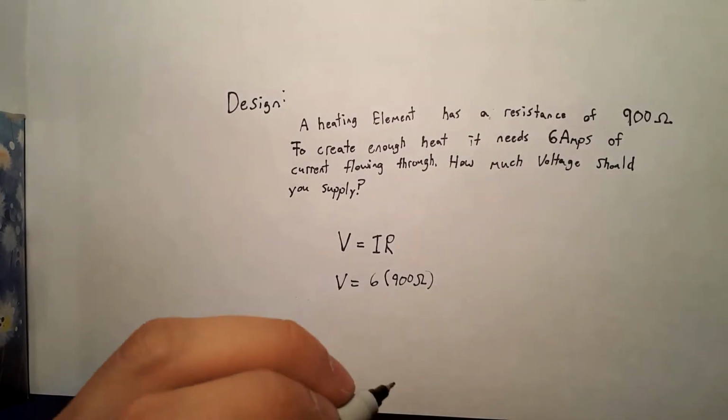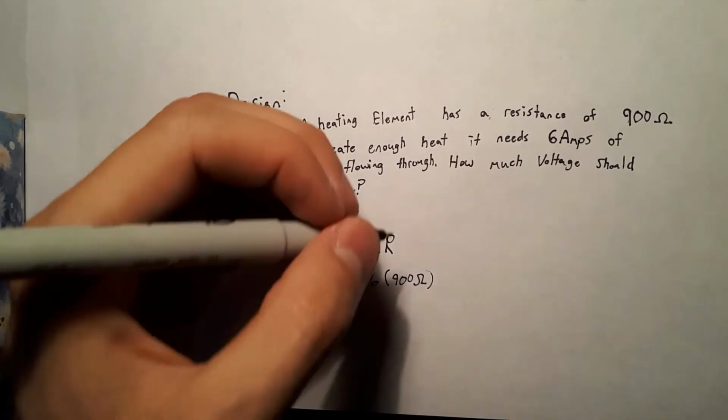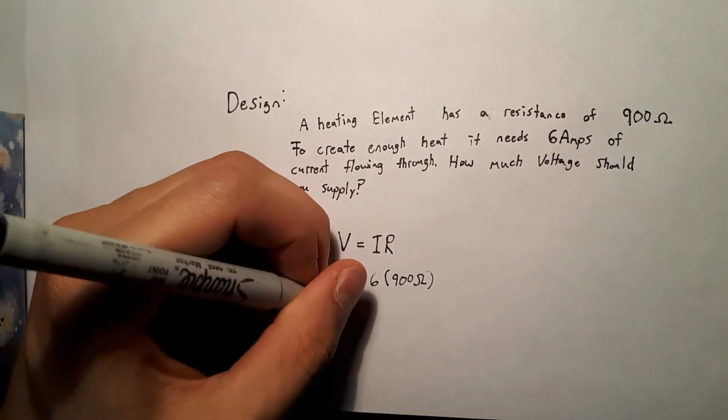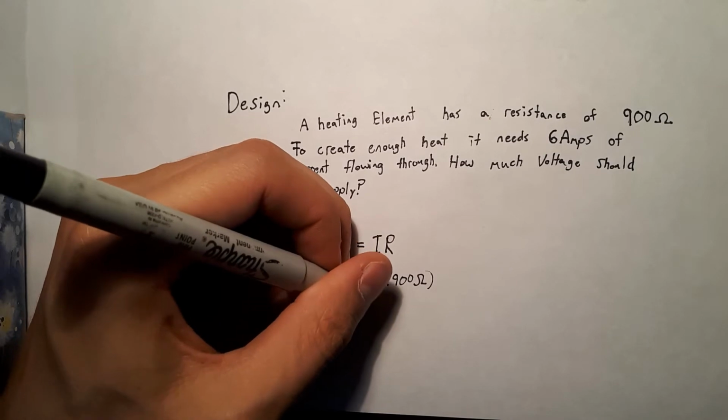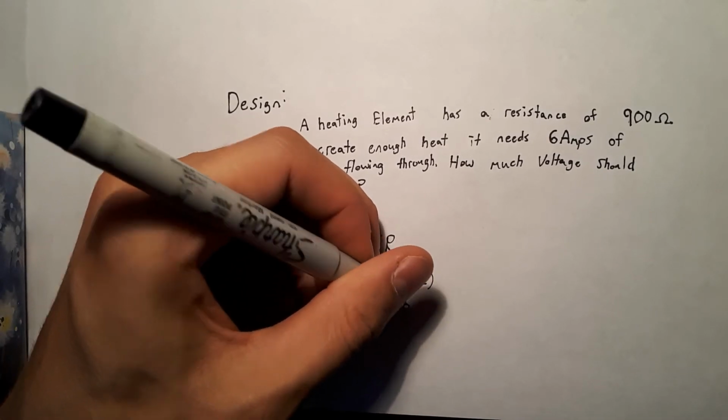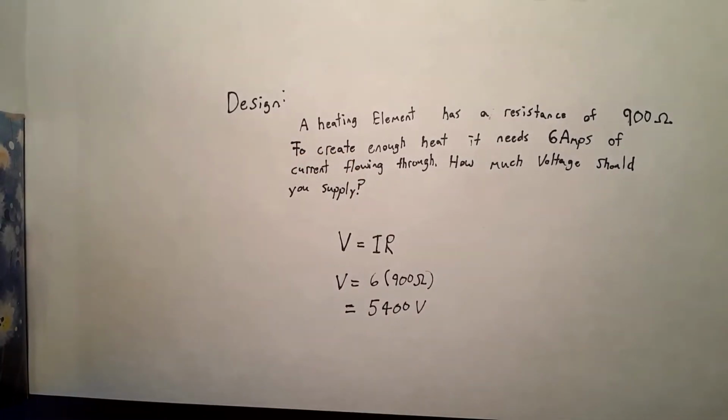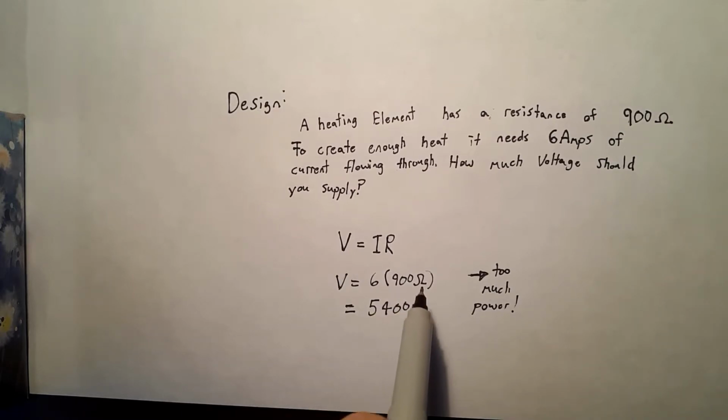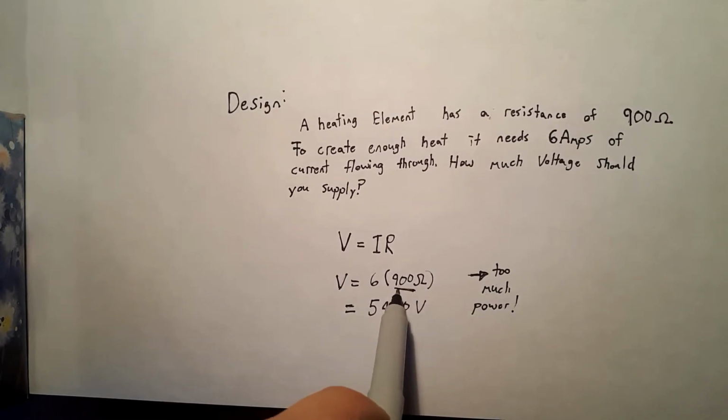For this particular heating element, for such a coil, you would need 5,400 volts. That's not reasonable. But this is a very good example of how you can find a very simple calculation like this incredibly useful. From this, we could now realize that we need a much lower resistance heating coil.